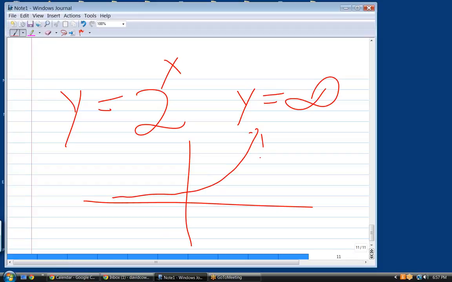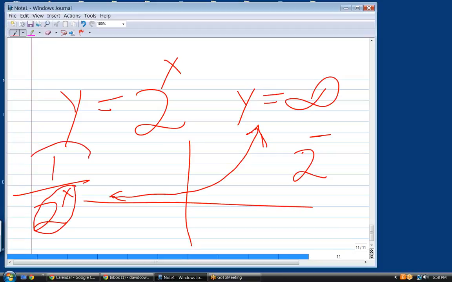On the left-hand end behavior, y is getting closer and closer to the x-axis as we go further to the left. Why is that? Notice that if x is negative, we have 2 to a negative number, which means 1 over 2 to a positive number. So as this gets big, this gets towards 0.